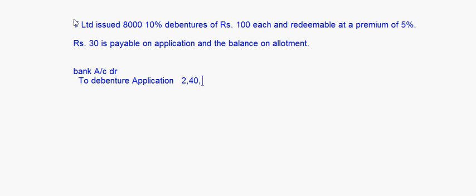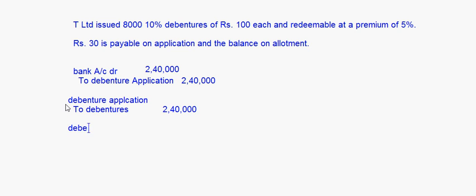So here it is 2,40,000. Okay. Now debenture application to debentures, the same amount will come. So we are not doing anything in the application entry. To debentures, it will be the same amount, 2,40,000.